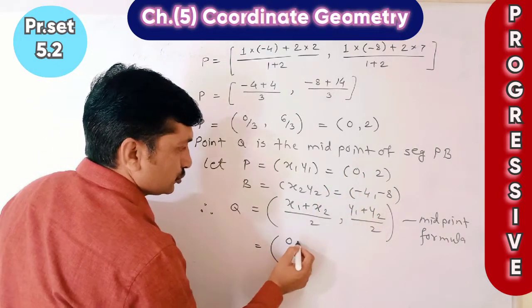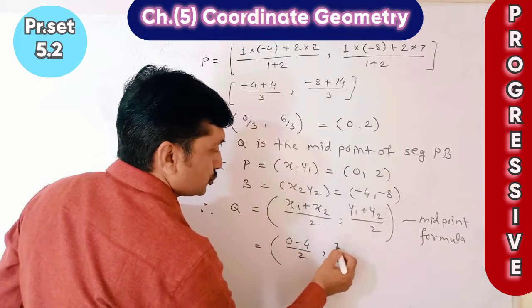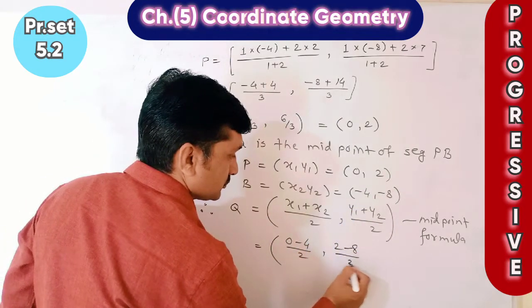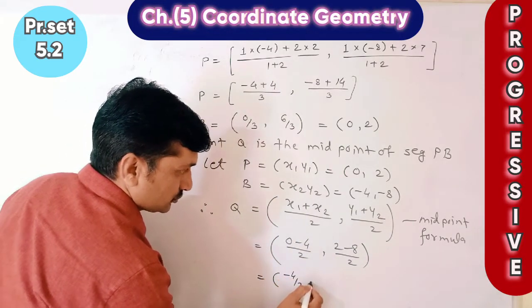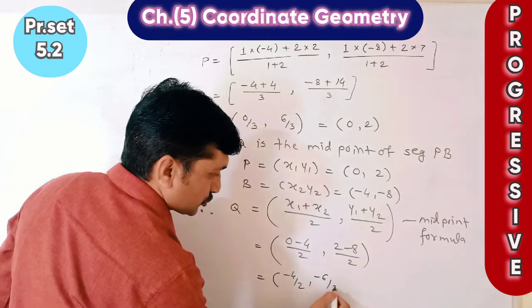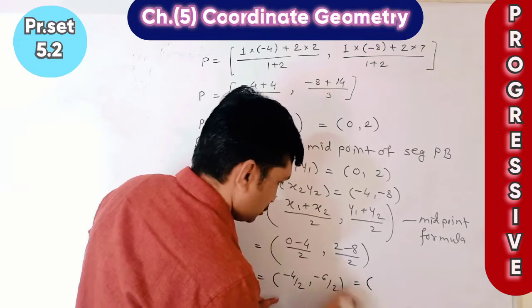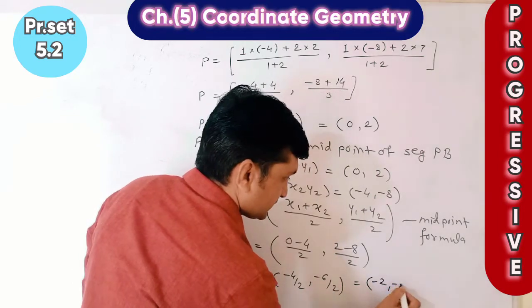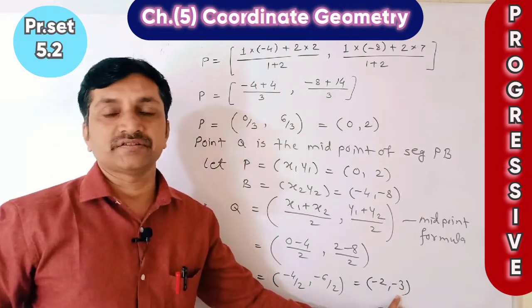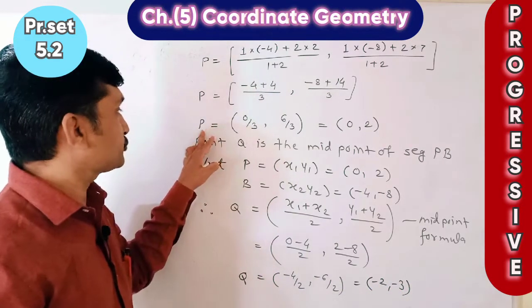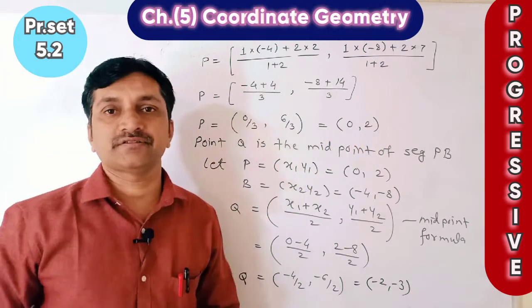That is ((0 plus -4) upon 2, (2 plus -8) upon 2), which is (-4 upon 2, -6 upon 2). By reduction, -4 upon 2 is -2 and -6 upon 2 is -3. The coordinates of point Q are (-2, -3). In this way we got the coordinates of point P (0, 2) and point Q (-2, -3).